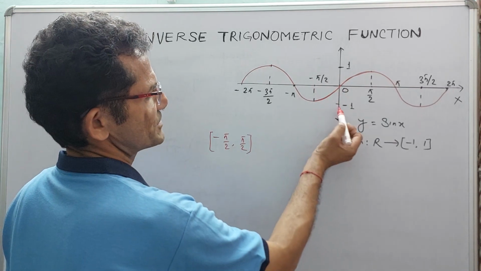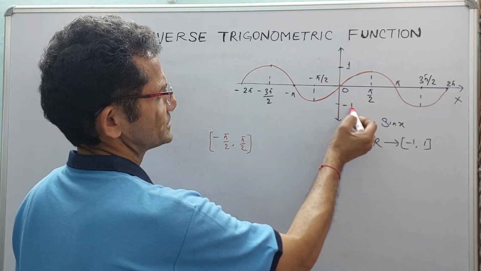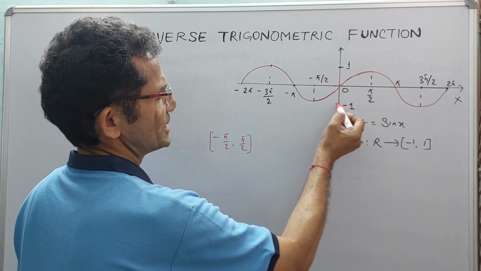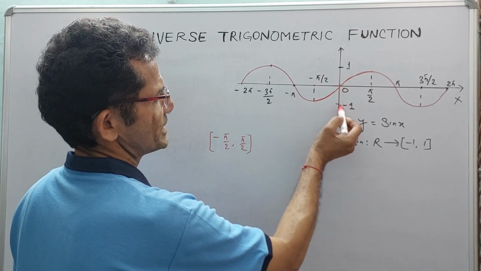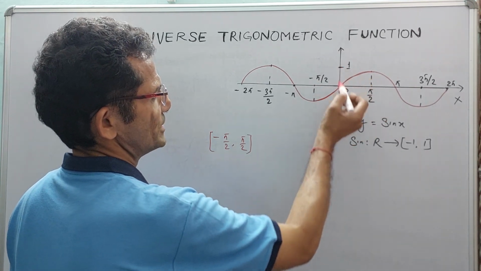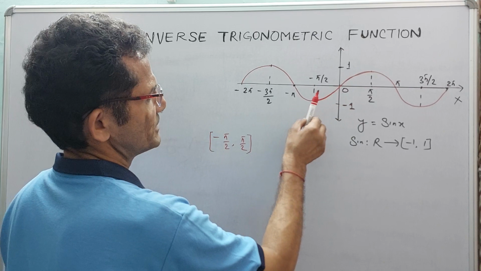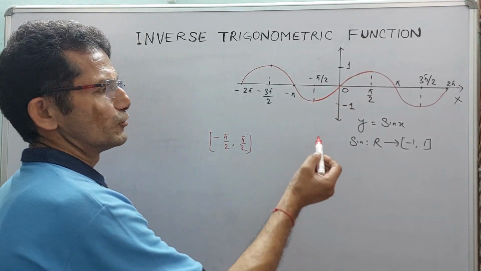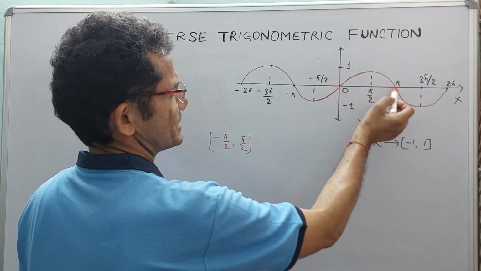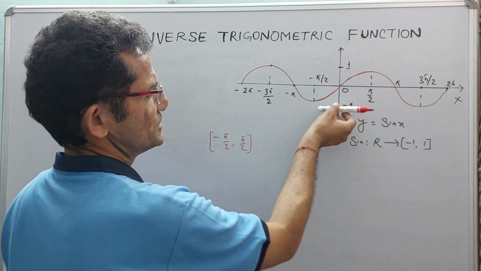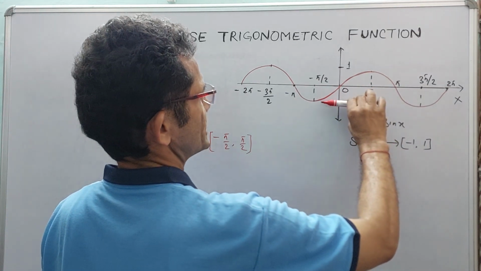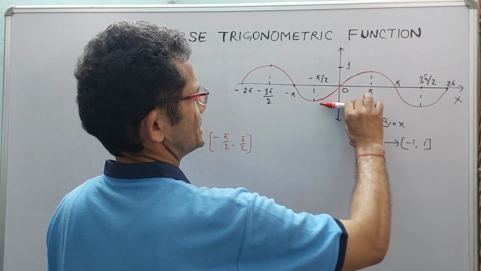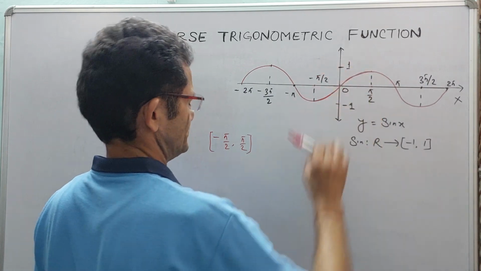At minus pi by 2 the value is -1, and at pi by 2 it has the value 1. So if the domain is in this branch from minus pi by 2 to pi by 2, all elements are included in the range from -1 to 1.